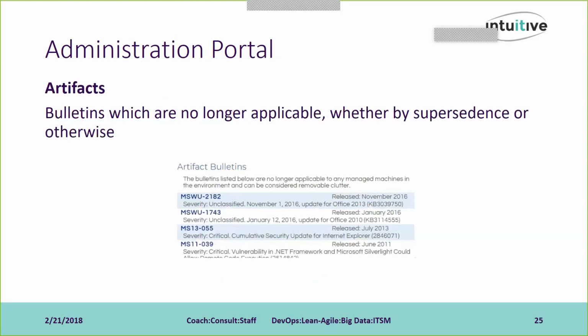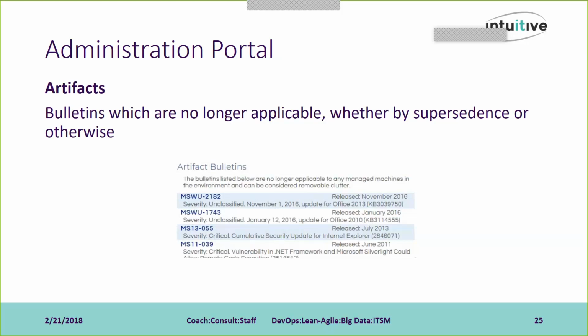Okay, and then how do we deal with artifacts? There was a directive from the customer that, hey, if we have old patches that are no longer needed, can we clean those up? Can we automate the cleanup of those? The answer was yes, we can. When we implemented that, it was a little more automation than the customer was ready for.